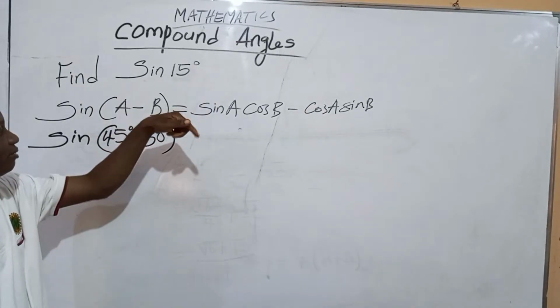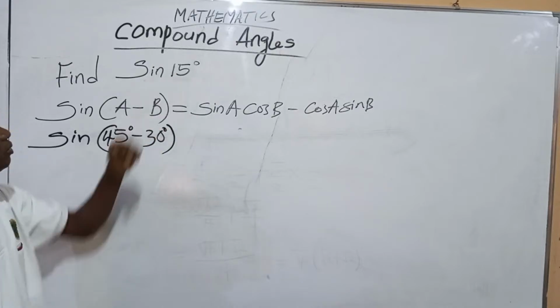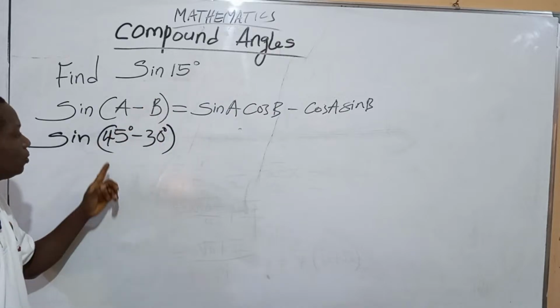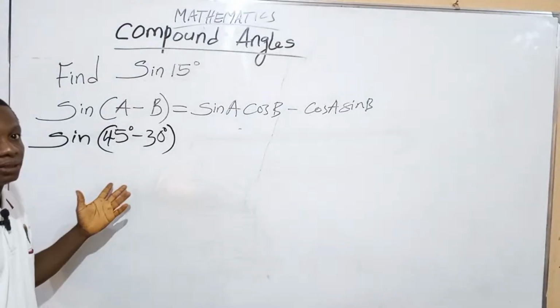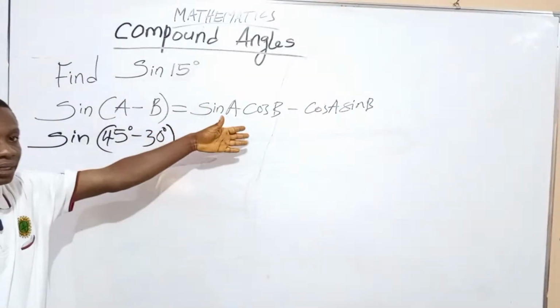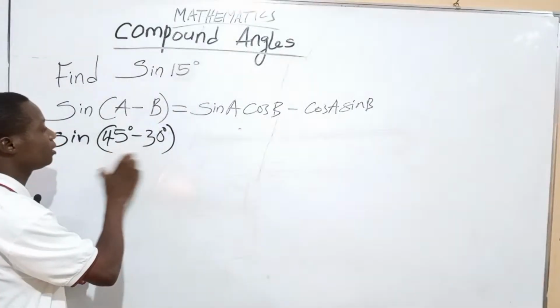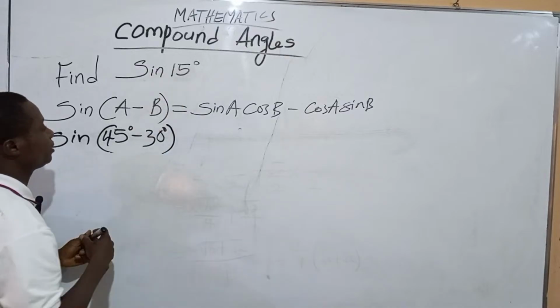That gave us 75. But right now, we are using 45 minus 30 degrees to give us 15 here. You can also use 60. Yes, don't forget, you can use 60 minus 45. Yes, it's also going to give the same answer. But let's use 45 minus 30. It will give us 15.